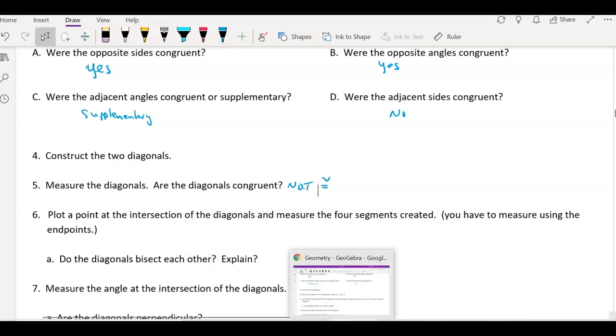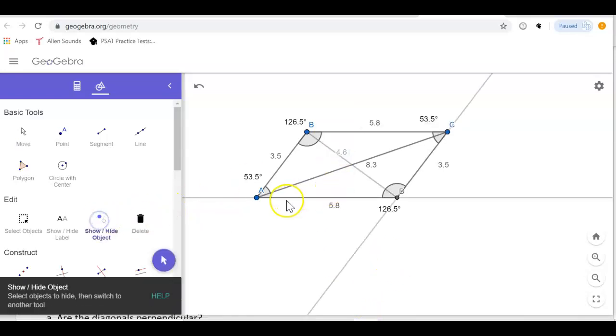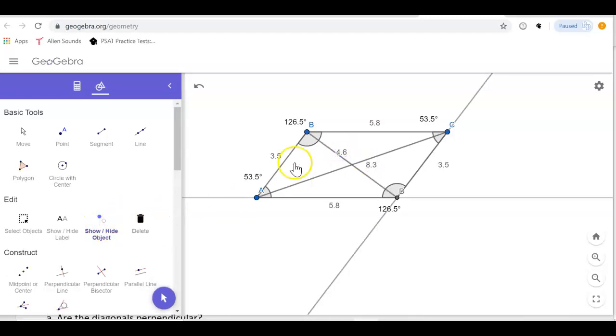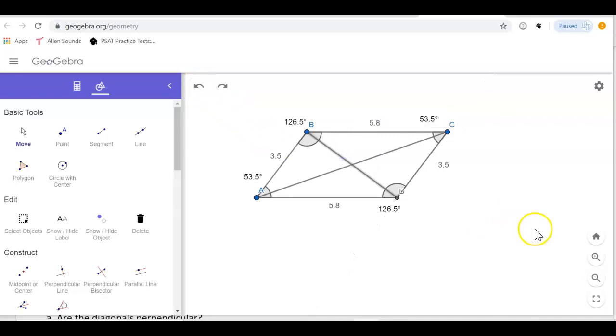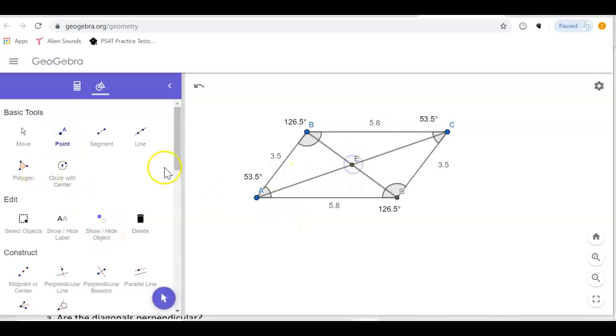But now what I'm going to do is actually hide this object. Actually, I'm going to just do that. Now what I'm going to do is plot a point at the intersection here.